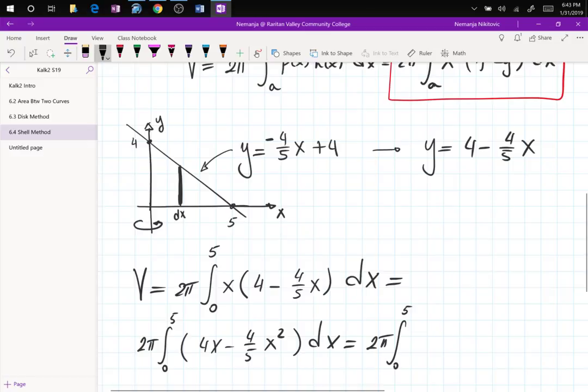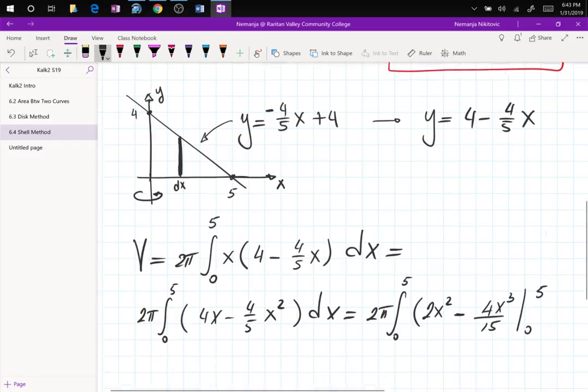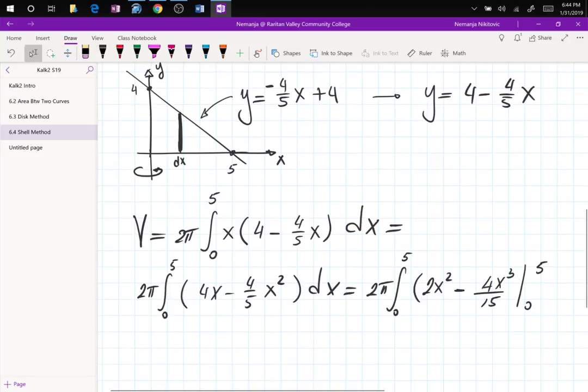So 0 to 5. Integral of 4x would be what? That's 2x squared minus 4x cubed over 15. Computed from 0 to 5. That's x cubed over 3, so 4x cubed. Yep, alright, all good. Why did I put integral sign here?